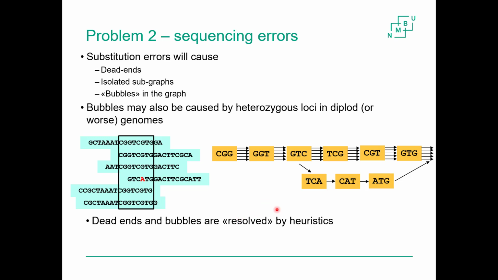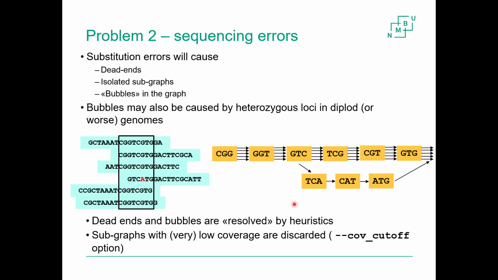So these bubbles, they can be resolved to some degree by some heuristics in the software. You can even throw them away, and there is this option in SPAdes you can set for throwing away. If you have many arrows here and only one arrow here, it indicates that this must be due to sequencing error, right? Because this is so normal.